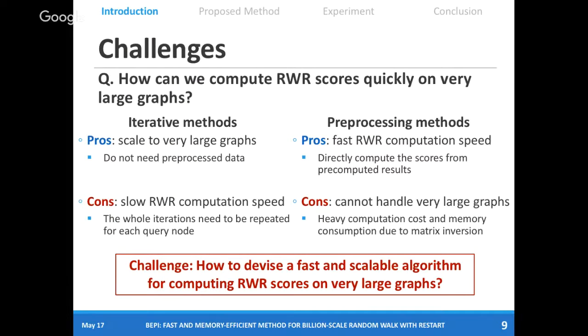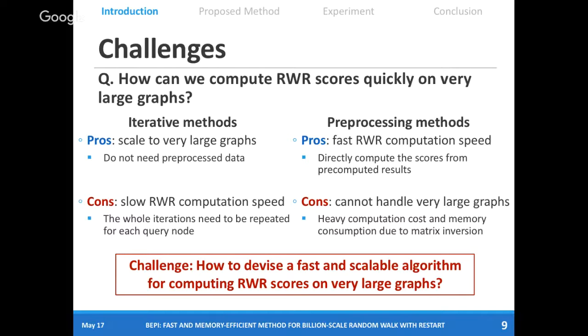So our research question is, how can we compute RWR queries quickly on very large graphs? The advantage of the iterative method is that it scales to very large graphs because it does not need pre-computed data. But it shows slow RWR computation speed because the whole iteration needs to be repeated for each query node.